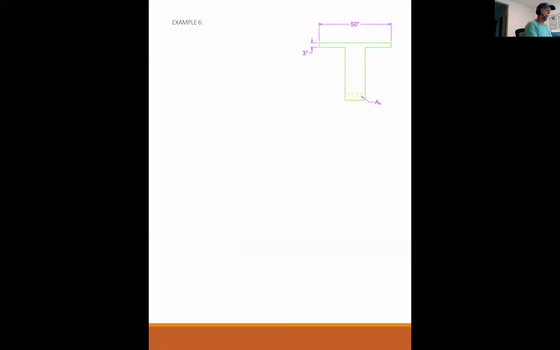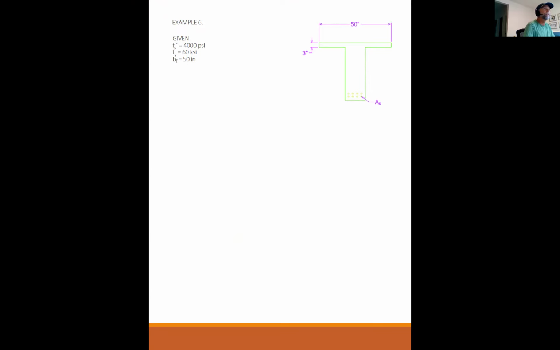Okay, so example 6 is another design problem where we do not know what the effective depth is, and we don't know what the area of steel required is. What we do know is the shape of the T section is 50 inches wide with a 3-inch flange, and I have 4,000 PSI concrete, 60 KSI steel.